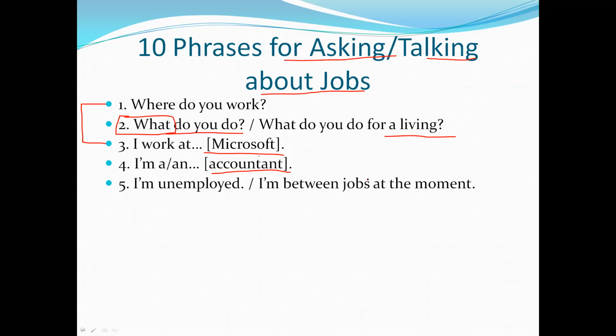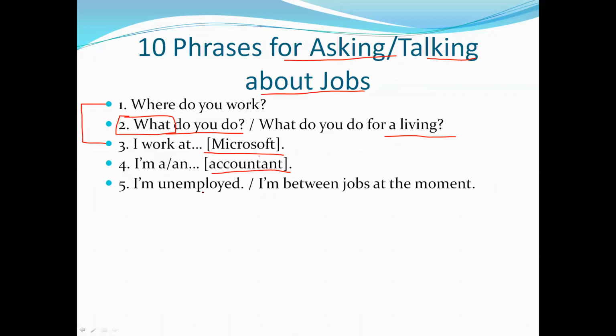Okay, so the next point is this. If somebody is working, it is okay to say that I work here and I work there. But if you are not employed at all, or if you do not have any job, how are you going to speak about that? Simply, you can say that I'm unemployed.